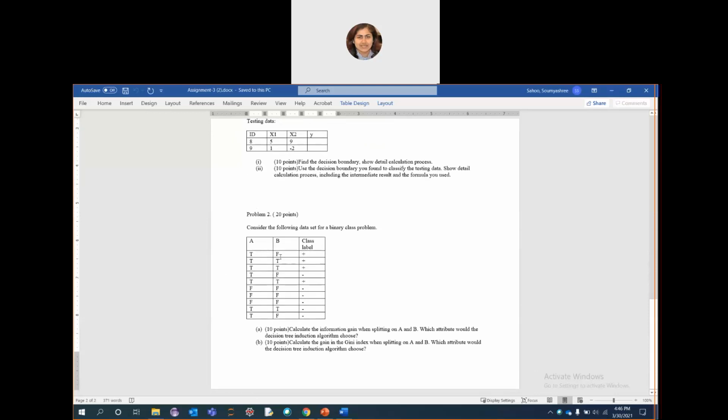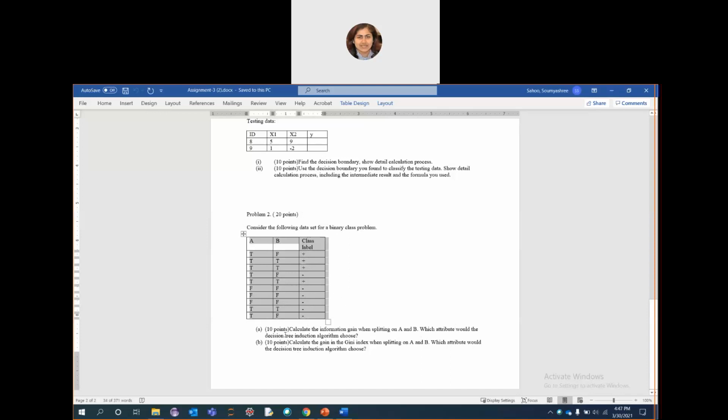And here, this is your given data set for the decision tree. There are two attributes, and these are your class labels. Two labels are there, either plus or minus, like your yes or no in the problem that we were going through today.